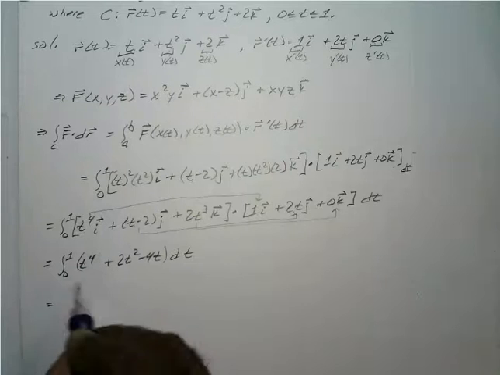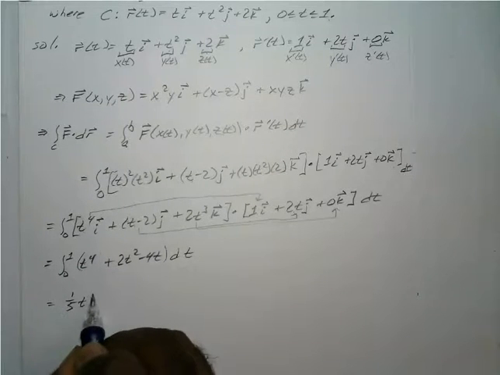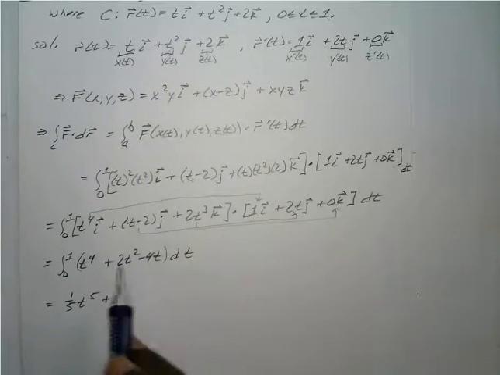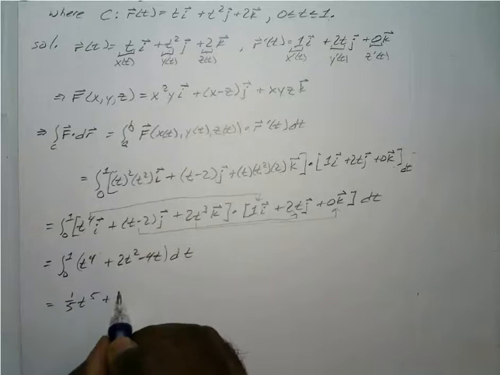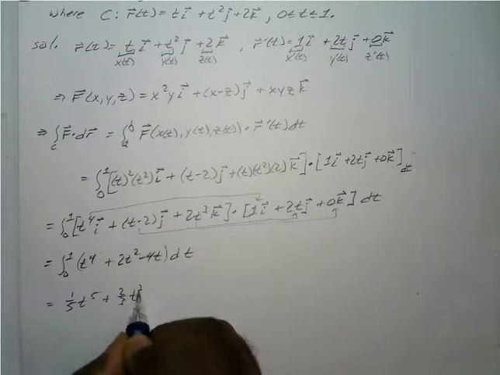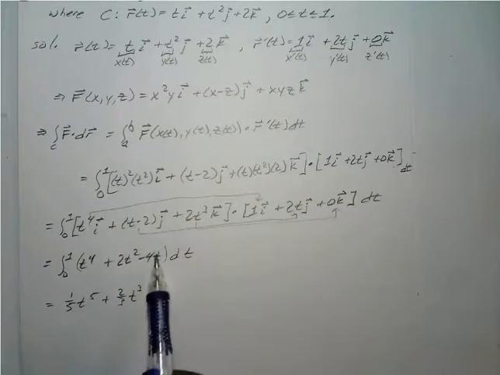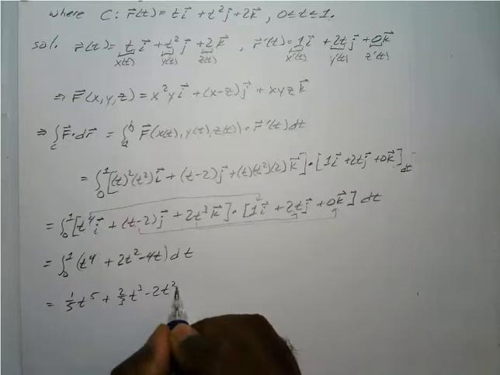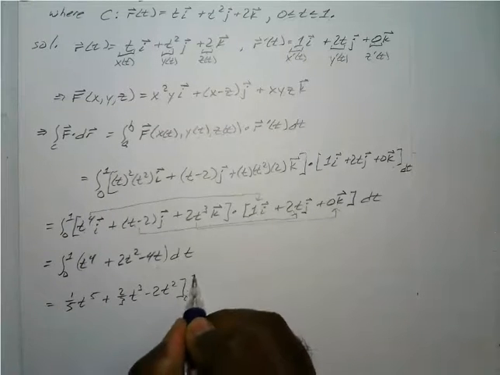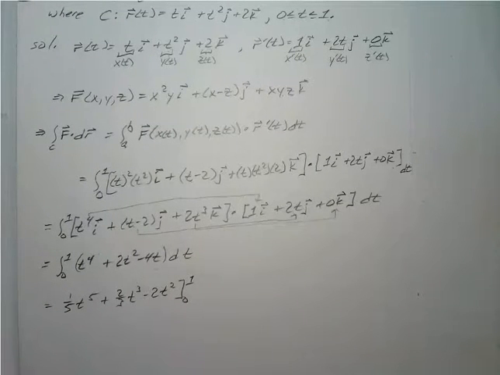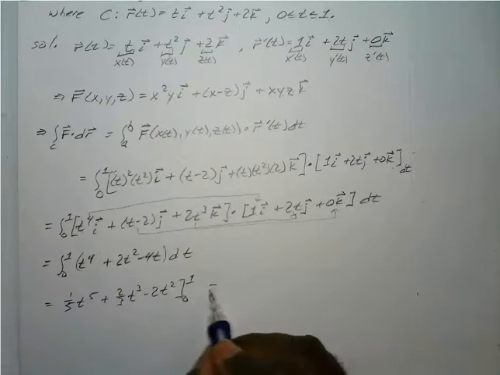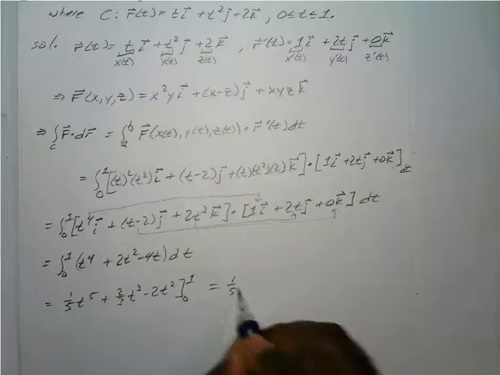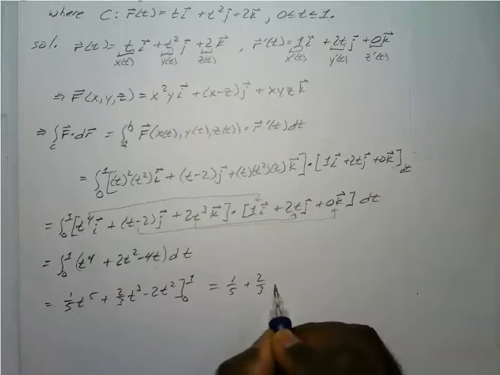So you have t to the 5th over 5, or 1/5 t to the 5th, plus t to the 3rd over 3, so 2/3 t to the 3rd. You have t squared over 2 times 4, so that would be negative 2t squared after you simplify it. And that's from 0 to 1. Alright, so plug in your 1. Of course, you get 1/5 plus 2/3 minus 2.